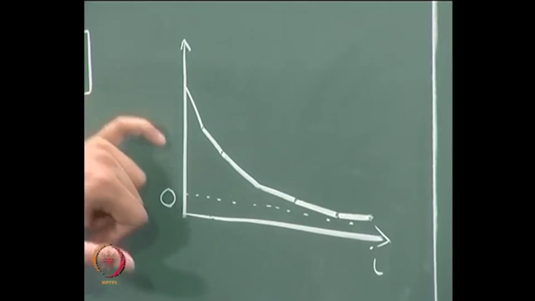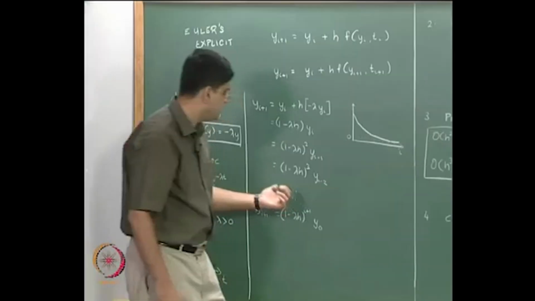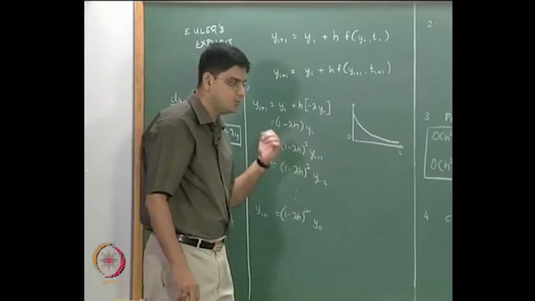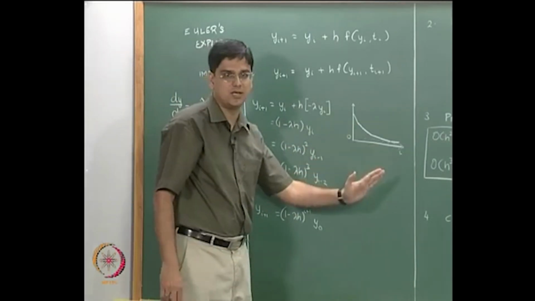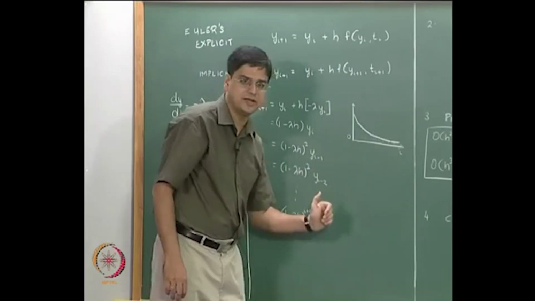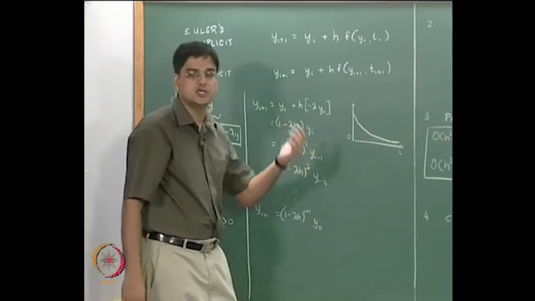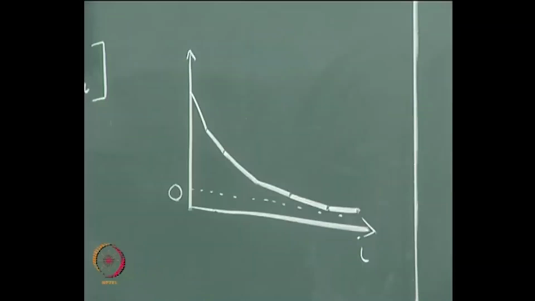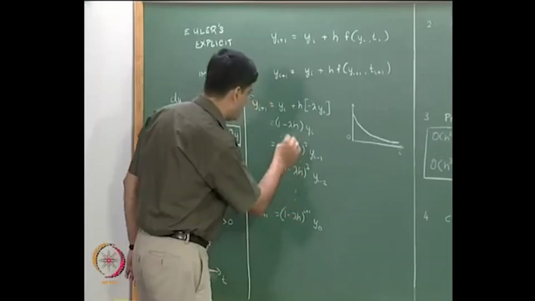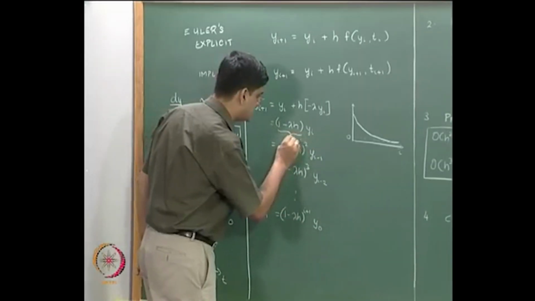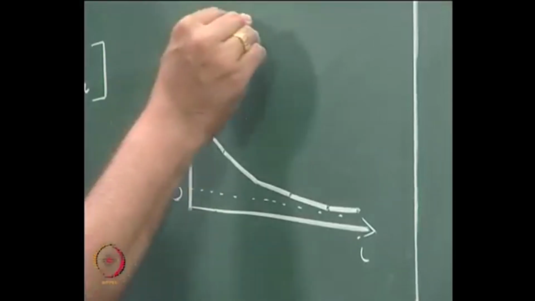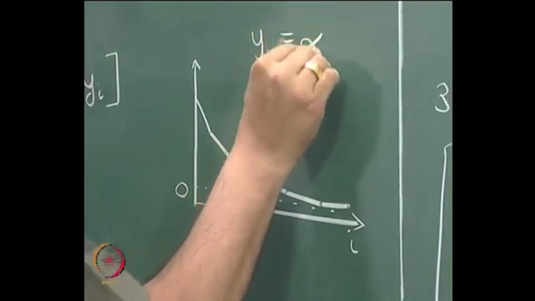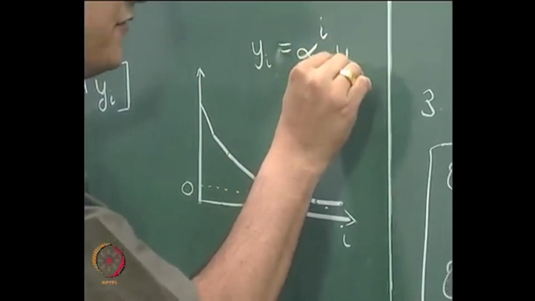For this to happen, what we need is that 1 minus lambda h should lie between minus 1 and plus 1. That is required for stability, and this particular quantity should be positive, that is required for monotonicity. Let us call 1 minus lambda h as alpha, so yi equal to alpha to the power i multiplied by y0.